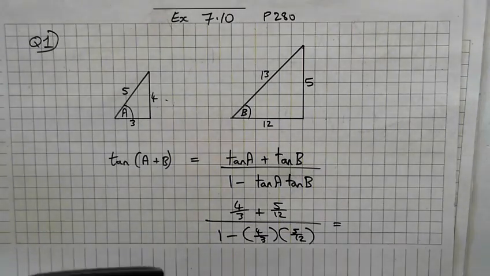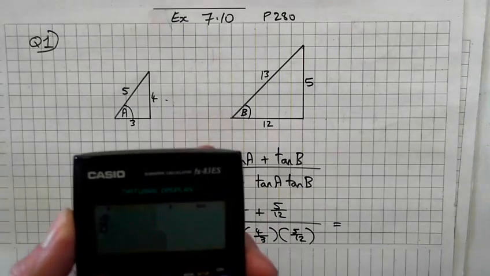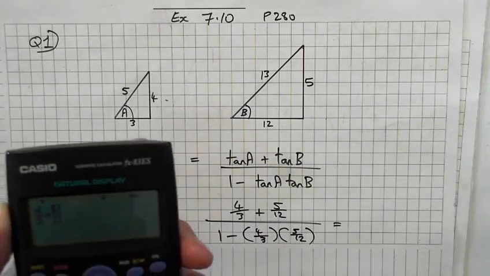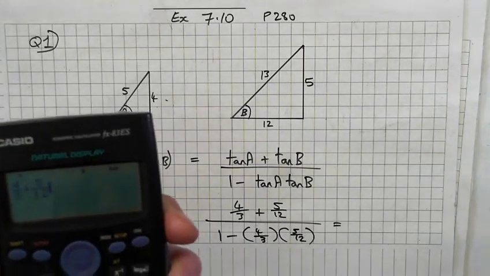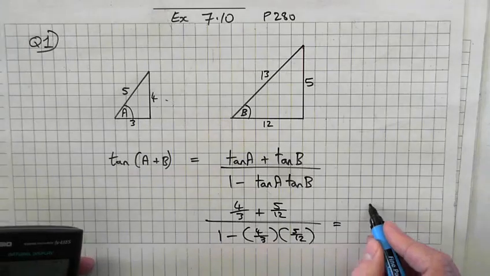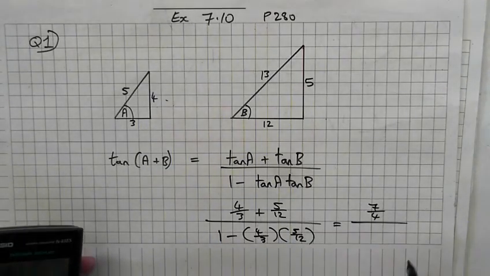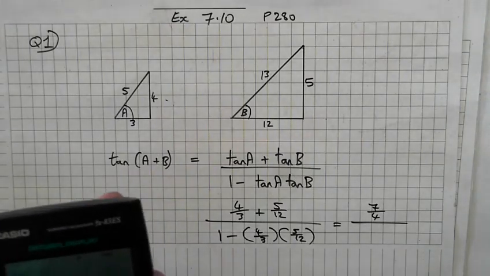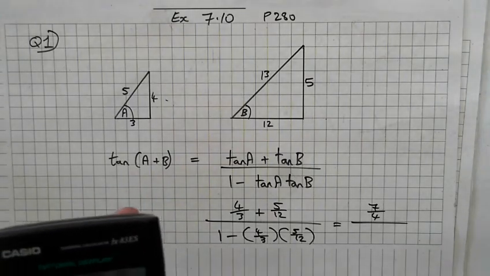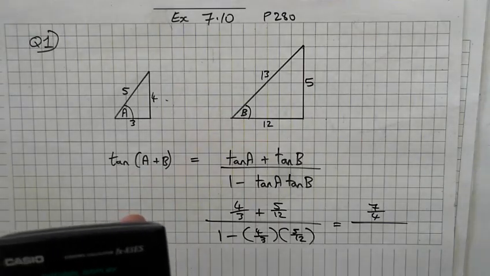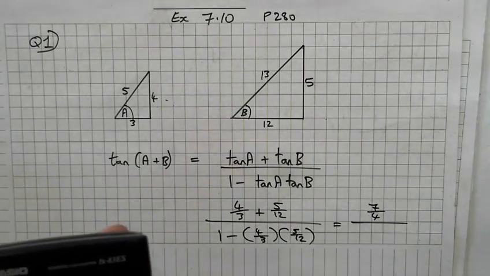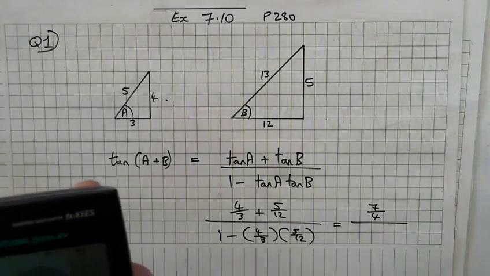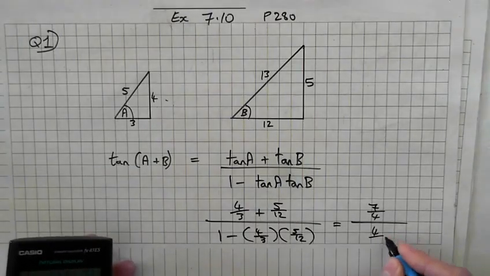So again, using your calculator, so you don't make a mistake, 4 over 3 plus 5 over 12 is equal to 7 over 4 on top, divided by, so 1 minus, put in your bracket, 4 over 3, bracket, another bracket, 5 over 12, close your bracket, equals 4 over 9.